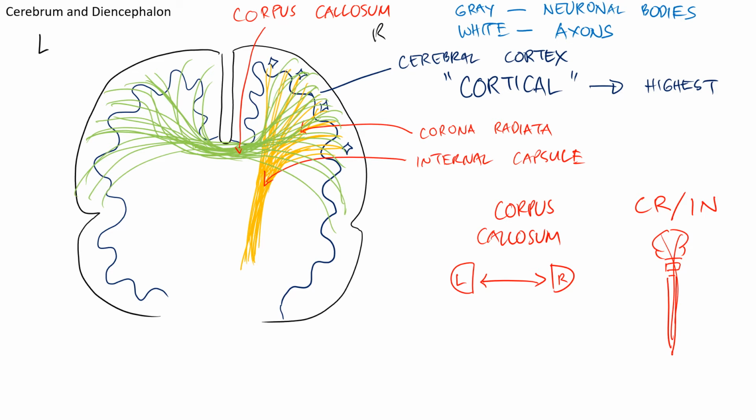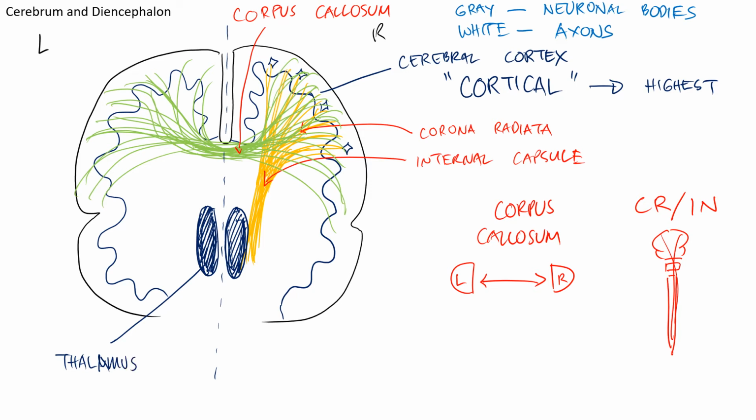once you have that, now we're going to talk about the diencephalon just to get it out of the way early. So when you're talking about the diencephalon, it is a midline structure. So let's draw a midline line there, and you have an oval of nuclei there, and that is basically your thalamus.